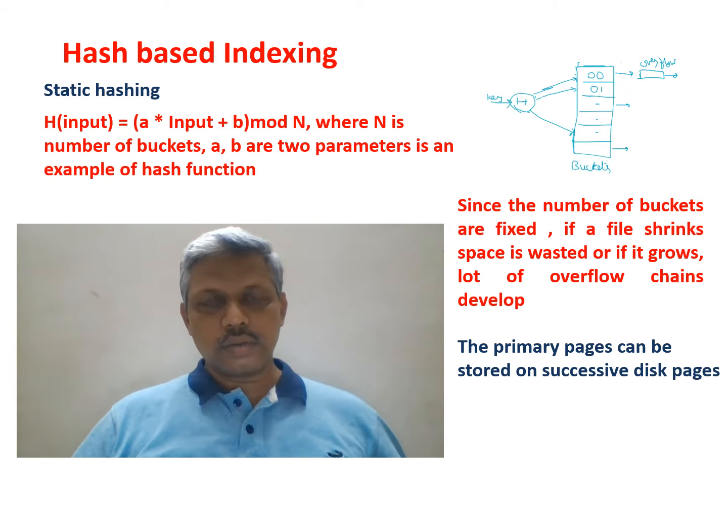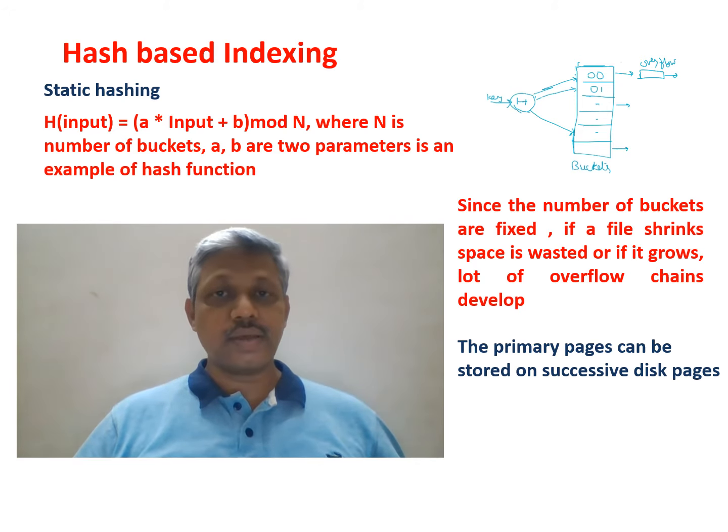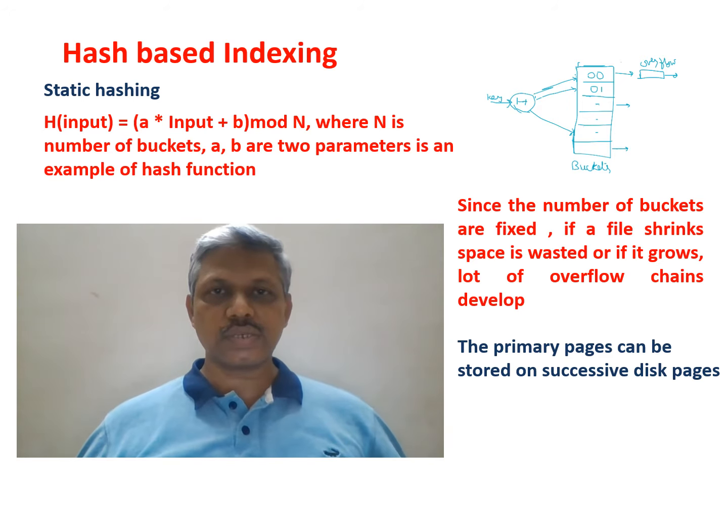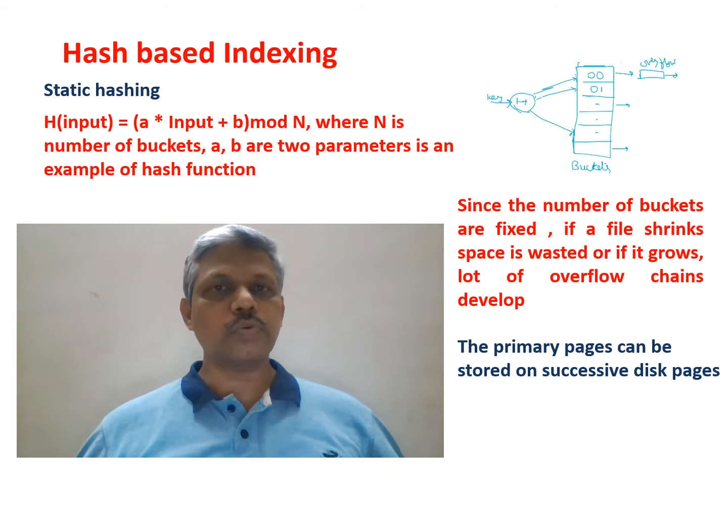For example, here one more mathematical function is given. For any given input, the hash value can be computed as a times input plus b, and then take modulo N, where N is the number of buckets to be fixed. Suppose we fix capital N as the number of buckets, which is usually a power of 2.